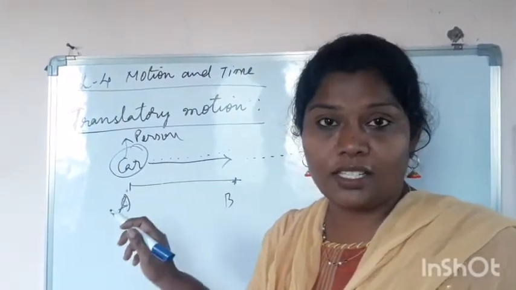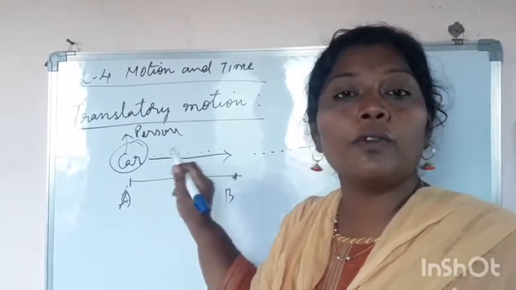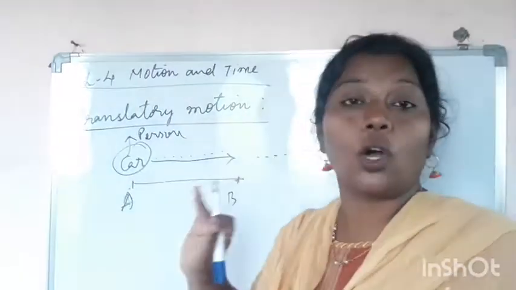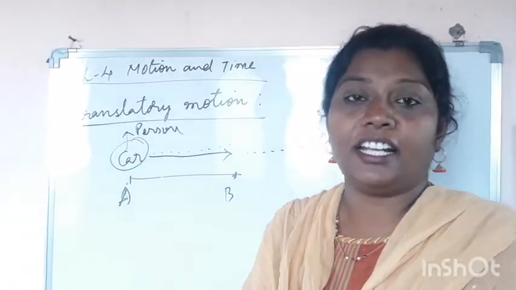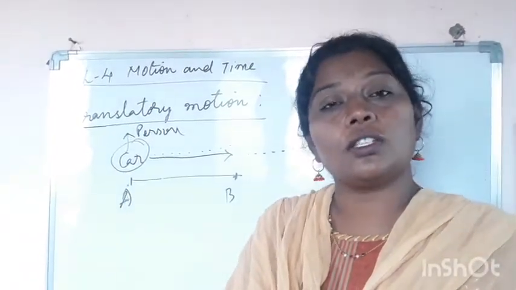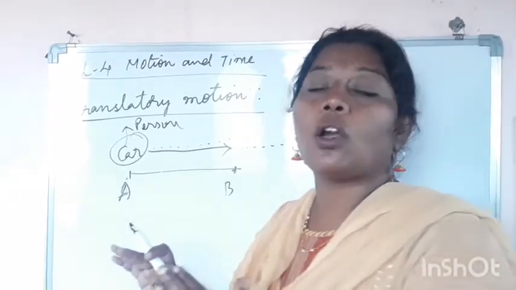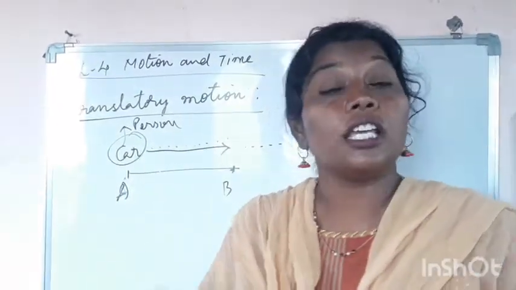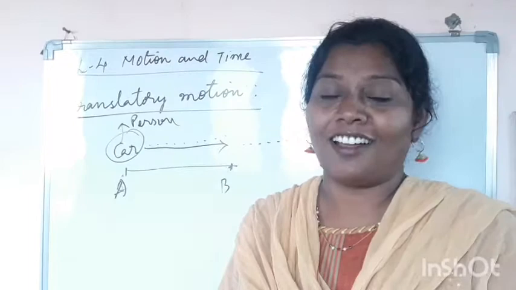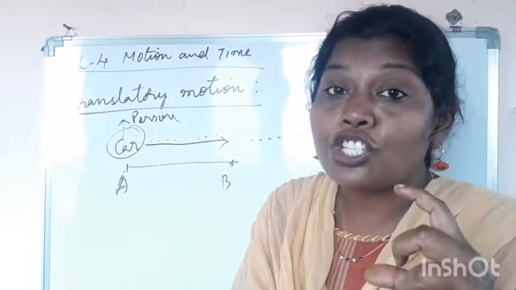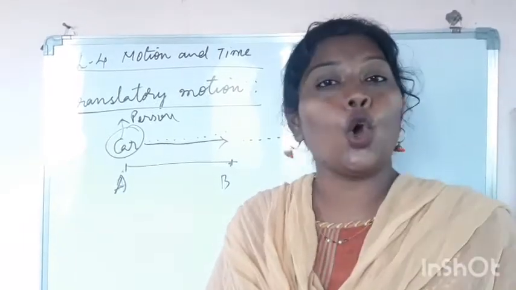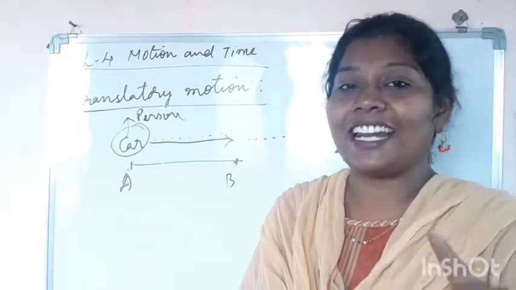My question is, is the person moving along with the car or not? Think. Definitely, the person is also going along with the car. Why? Because he is sitting inside the car. But if I ask, is the person in motion? No. He is at rest.